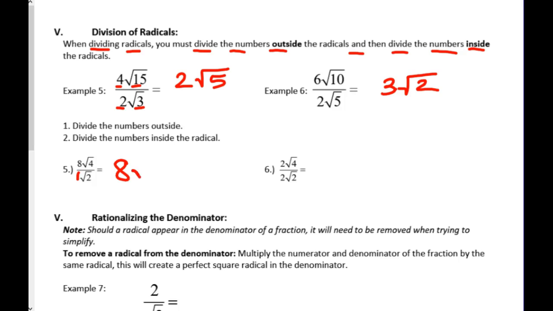Again, 2 is a prime number. It does not reduce that radical. Okay, over here, number 6, 2 over 2 is 1. You don't have to write the 1, because again, it's implied. We have a square root, and then 4 over 2, 2. All right, so that's dividing radicals, right?